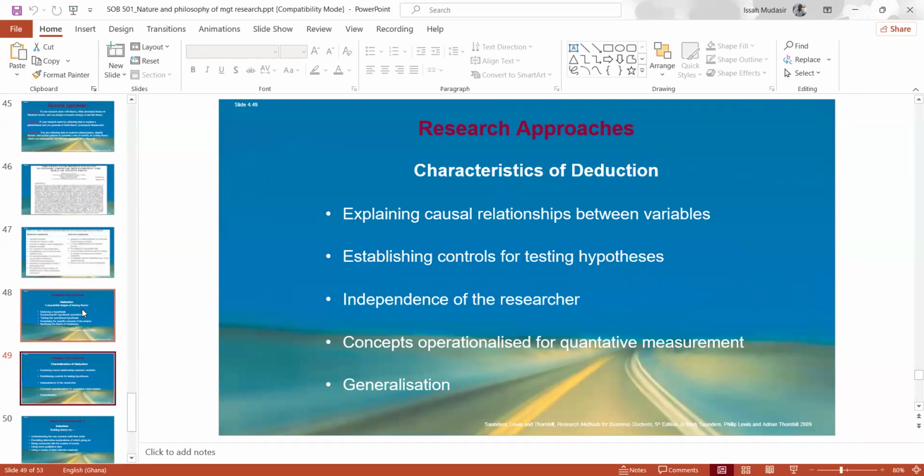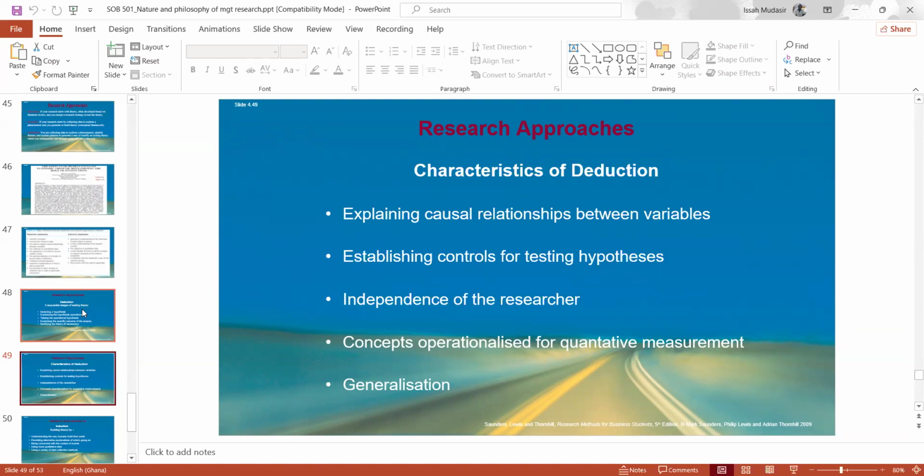So what we can rather say is that deductive research is undertaken mostly by positivists. Okay, those from the positivist school, most of their research is deductive because they are quantifying, testing hypotheses to determine whether this is true or is not true.